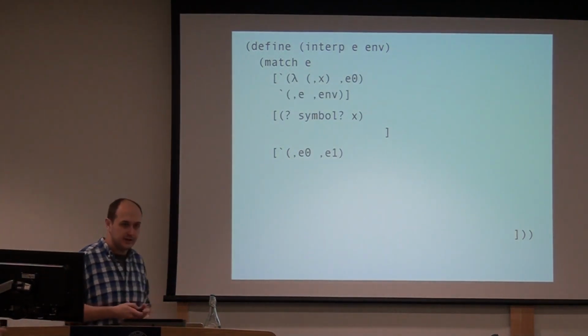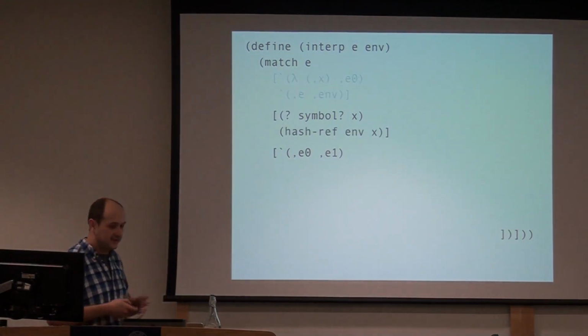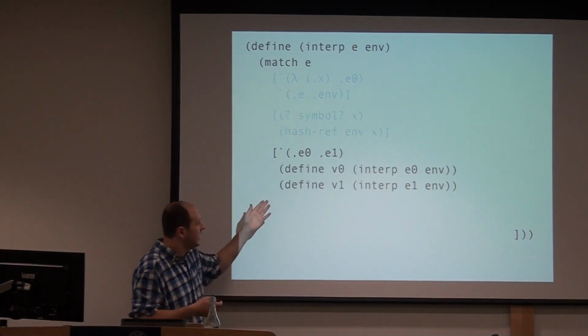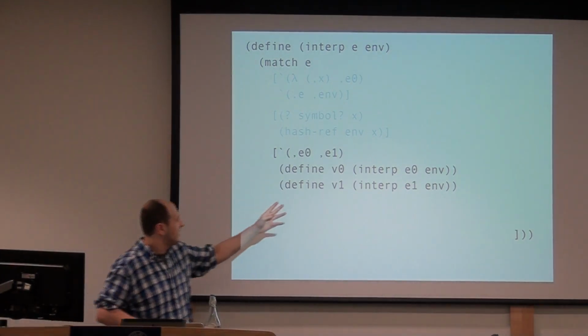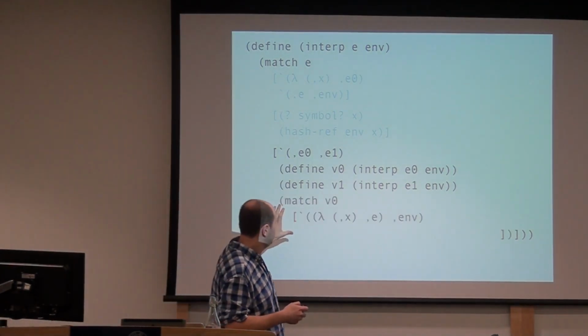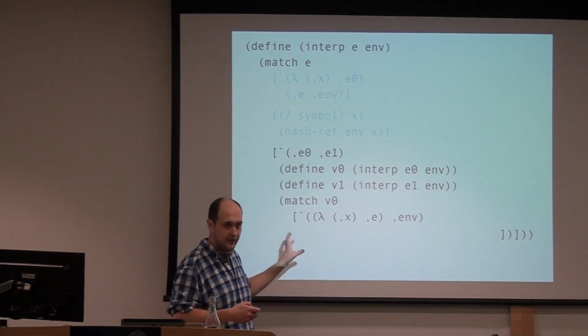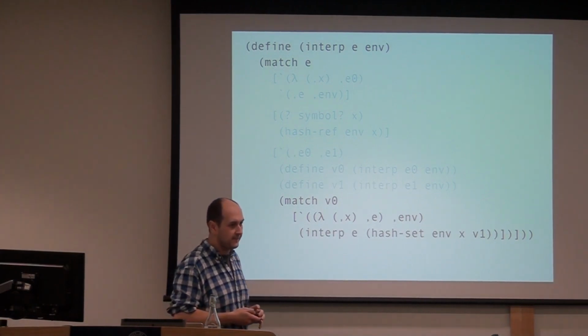For the first two, we return a closure, or we return a value that's in our environment. In the case of an application, we evaluate our two sub-expressions, then match on the closure we get back for the value in call position, and make a tail call to our interpreter again.